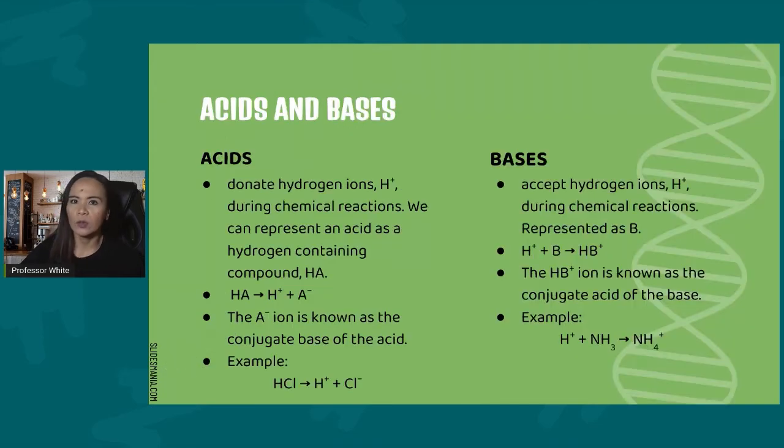But we'll start first with what acids and bases are. Acids normally donate hydrogen ions during chemical reactions. We can represent an acid as a hydrogen-containing compound and label it as HA. In solution, these compounds tend to dissociate, or break down into ions, wherein the HA, your hydrogen acid, dissociates into H+ and A-.